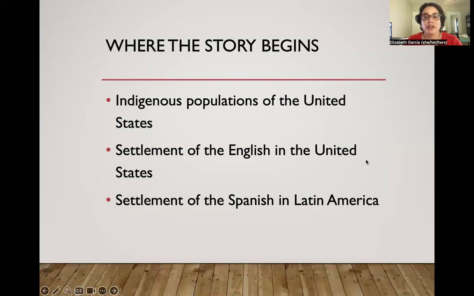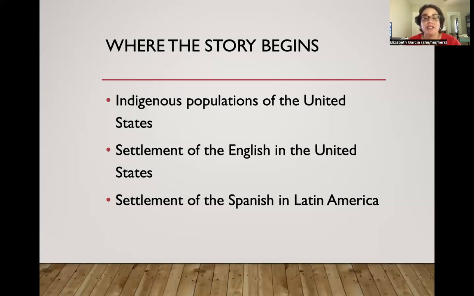So starting this week, where we're talking about the roots of Latinx history, we really have to go back quite a while to really understand the relationship between the United States and Latin America from early on. That actually goes back to colonization, where this part of the world was being colonized by both the British and the Spanish.